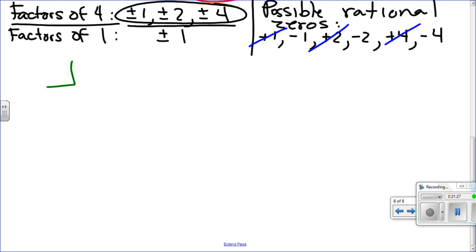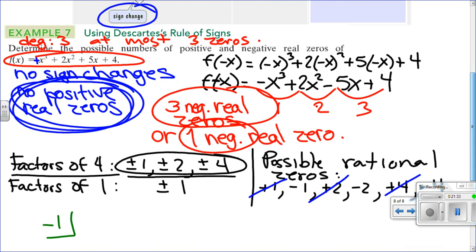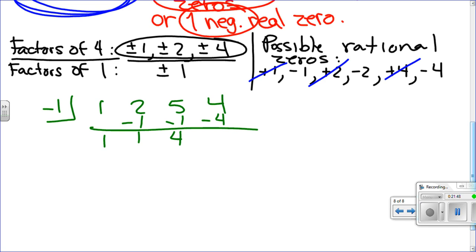So I'm going to start with negative 1. And the coefficients for this one were 1, 2, 5, 4. So if we do that, negative 1 times 1 is negative 1, 2 minus 1 is 1, negative 1 times 1 is negative 1, 5 minus 1 is 4, negative 1 times 4 is negative 4, and that will go to 0. So that means we have found 1, x equals negative 1.